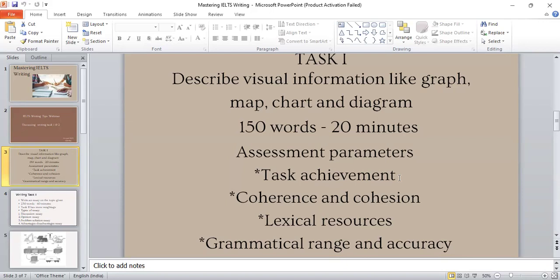And coming to the fourth one, the grammatical range and accuracy. It evaluates different sentence structures you can use to convey your idea.